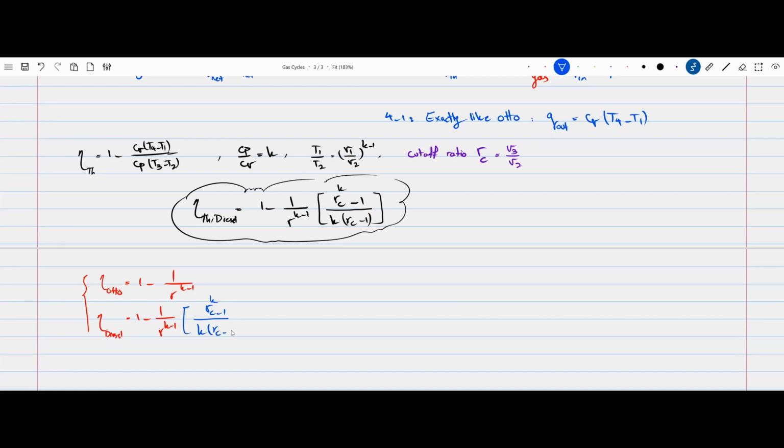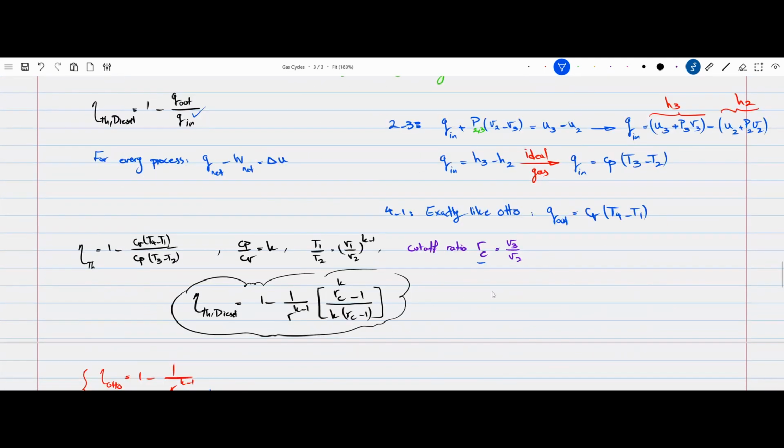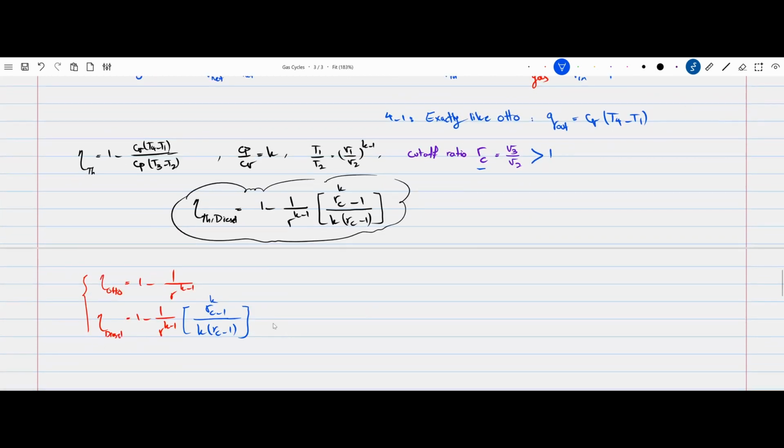Now, this additional expression is very interesting in a sense that if you pay attention to how we defined cutoff ratio, and if you take a look at the PV diagram, you see that V3 is always greater than V2, meaning that rc is always greater than 1. It is a positive quantity. So rc raised to an exponent minus 1 over rc minus 1 is always a positive quantity.